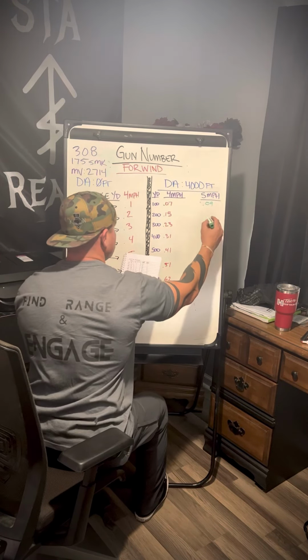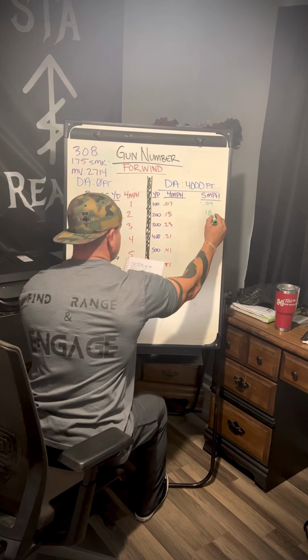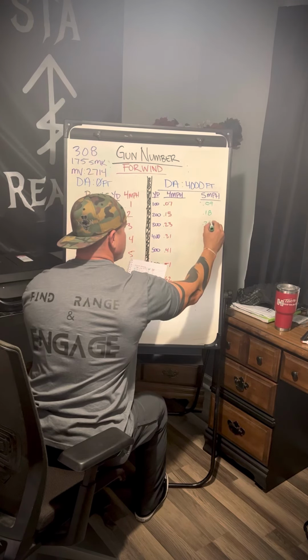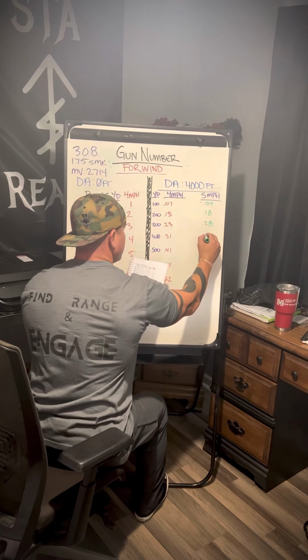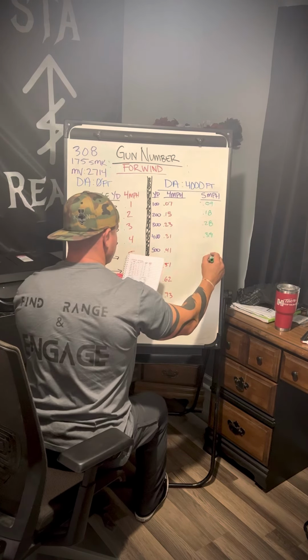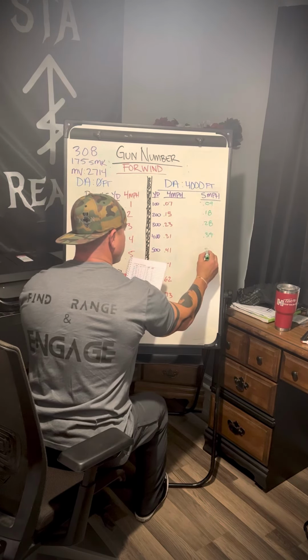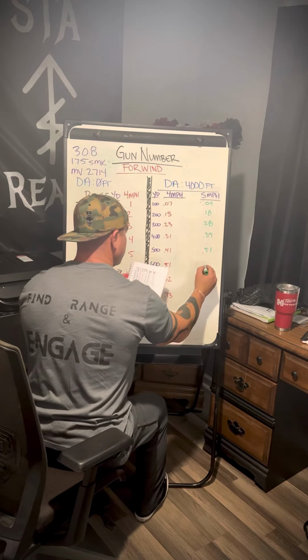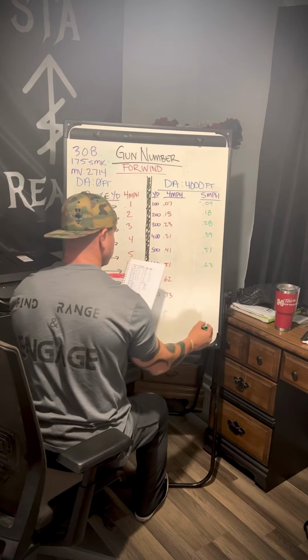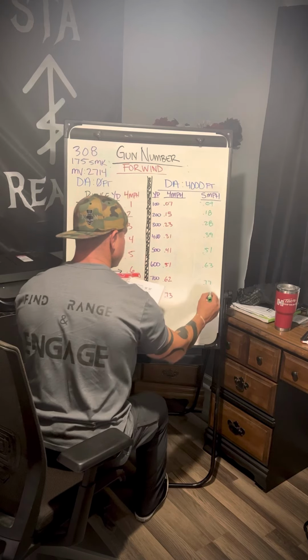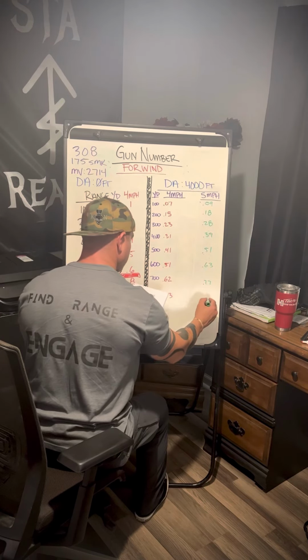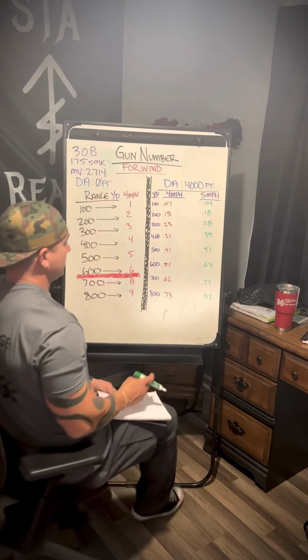0.09 at a hundo, 0.18 at 200, 0.28 at 300, 0.39 at 400, 0.51 at 500, 0.63 at 600, 0.77 at 700, and 0.92 at 800.